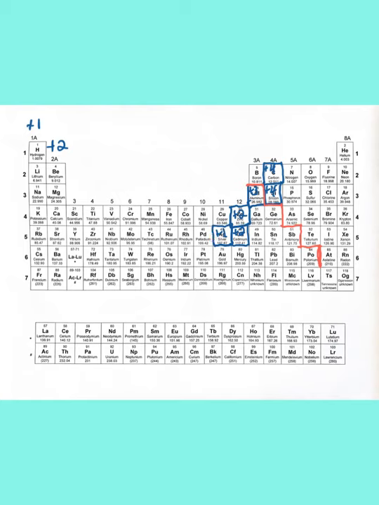So now we're going to take a look at the negative elements. Now, the negative elements, they're all fixed, okay? There's no such thing. Every negative element has one charge, that's it. They never switch between them. So we name these in a different way. These are the negative elements.